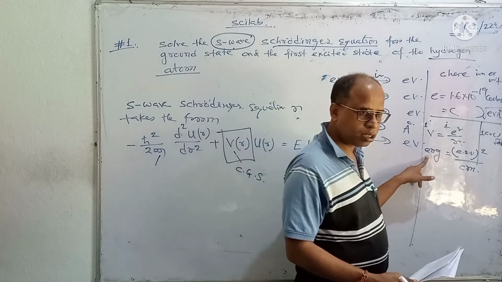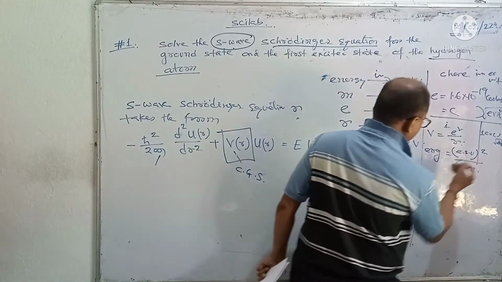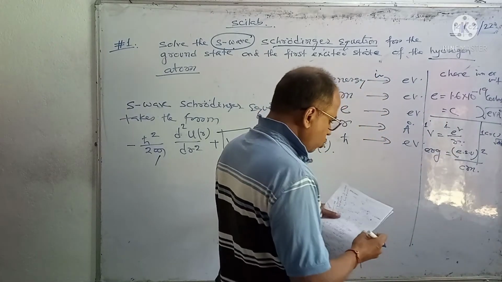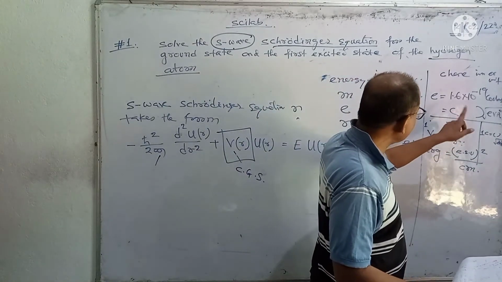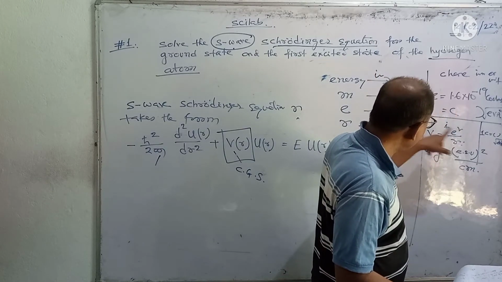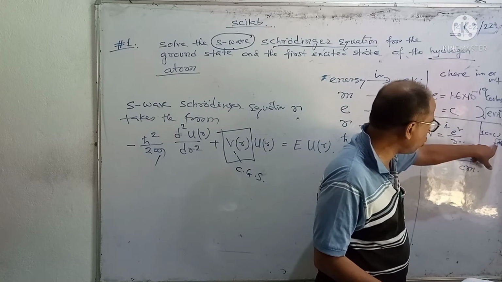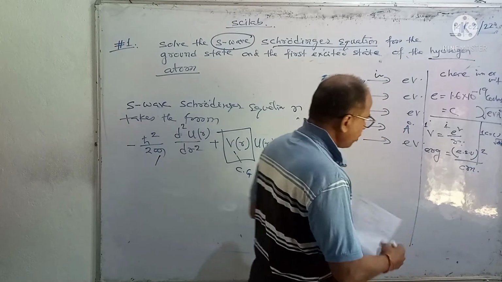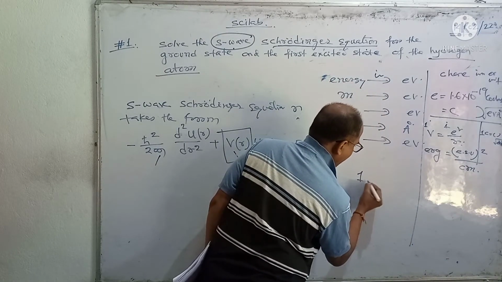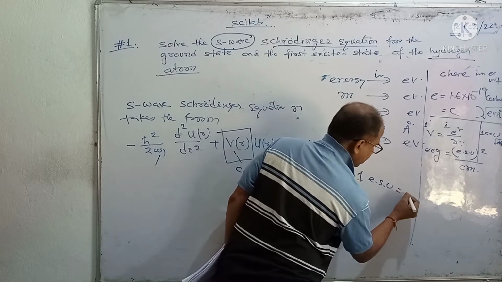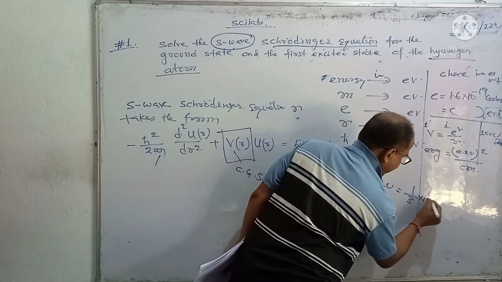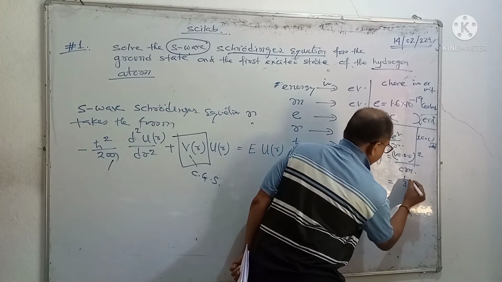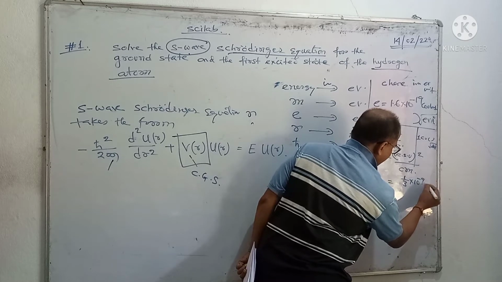Right? Clear? Now you see, already I told ESU, you have to go to the coulomb. I want the relation between coulomb. 1 coulomb is equal to how much electron volt angstrom. Therefore, use it in coulomb. I already told the 1 ESU is equal to 1 by 3 into 10 to the power minus 9 coulomb.